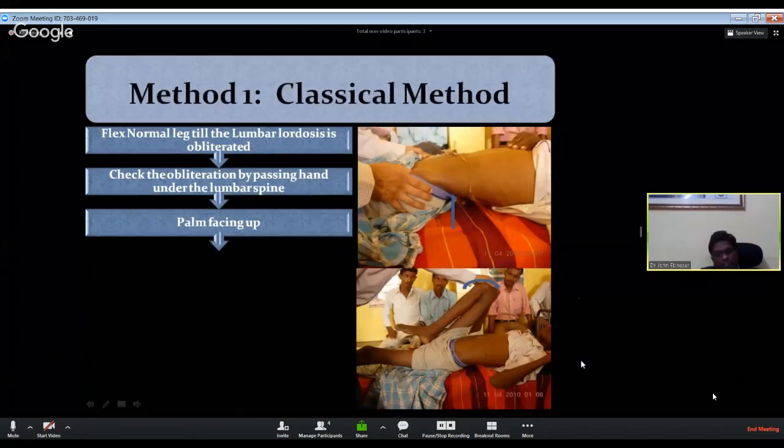So if you pass your hand below the lordosis, this convexity may not give you the right indication that the lumbar lordosis is obliterated. Whereas if the palm is facing up, it is flat. So the error of not revealing the deformity is less if you pass the palm facing up.